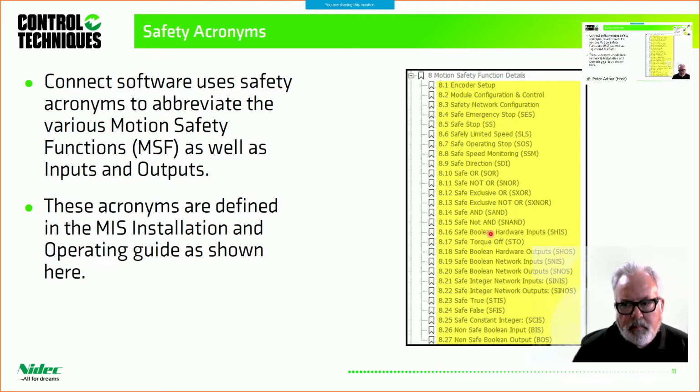And then safe Boolean hardware inputs, SHIS. There are 4 of those on the module, and I'm going to be using 2 of them in today's example. So there's a boatload of these acronyms, and you're probably best looking at these so you understand what they're talking about going forward.